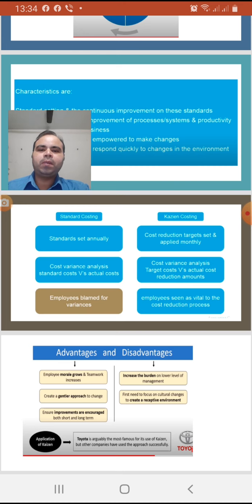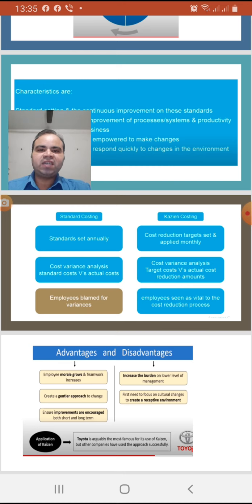We all know that people don't like big changes, but making small changes is easy. So Kaizen supports this small gentle approach to change. Then it ensures improvements are encouraged both short and long term.